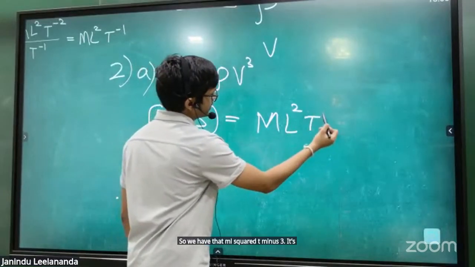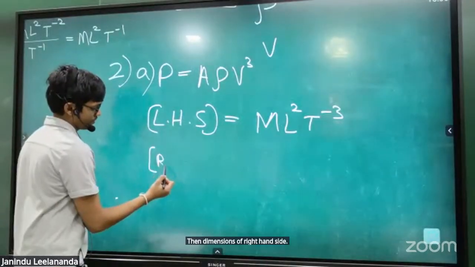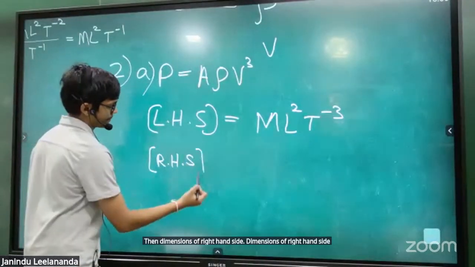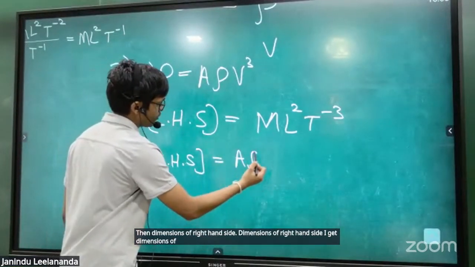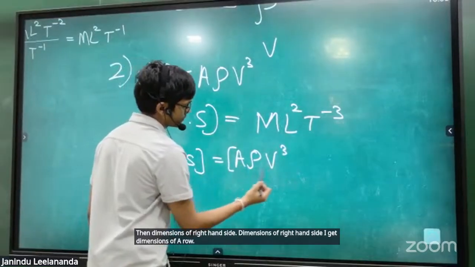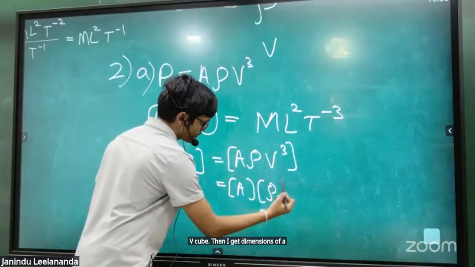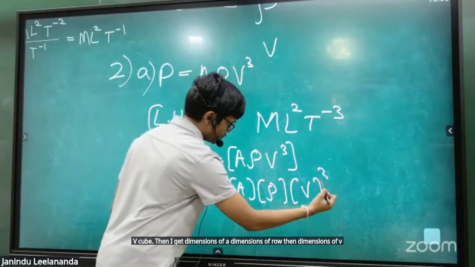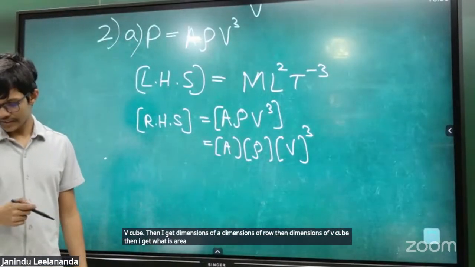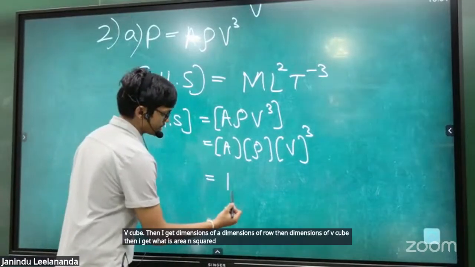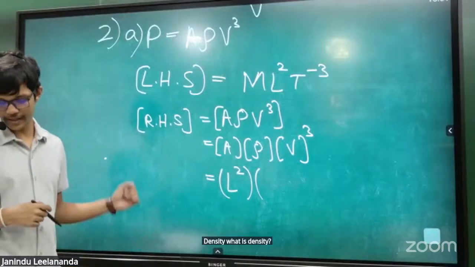Then the dimensions of the right hand side: dimensions of a rho v cube, so dimensions of a, dimensions of rho, then dimensions of v cube. What is area? Area is L squared. Rho, density: what is density? ml minus 3.